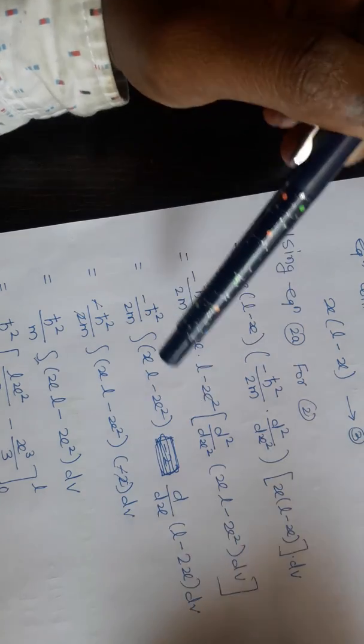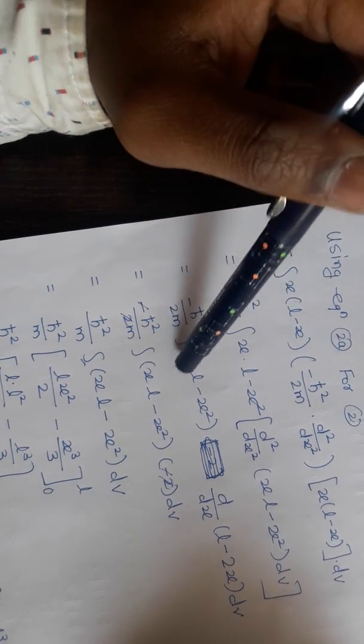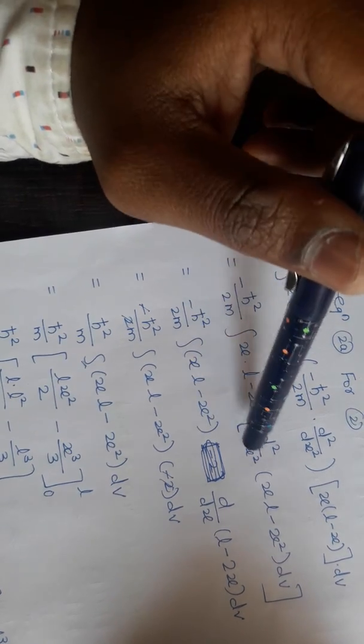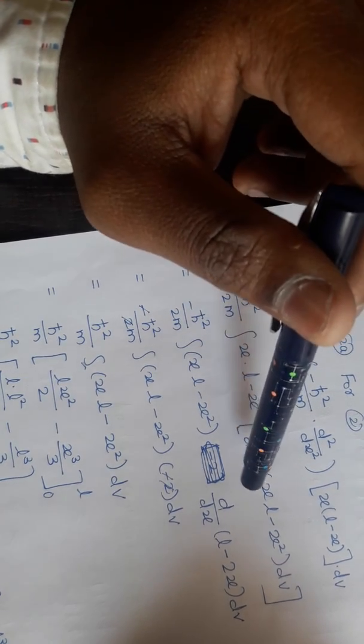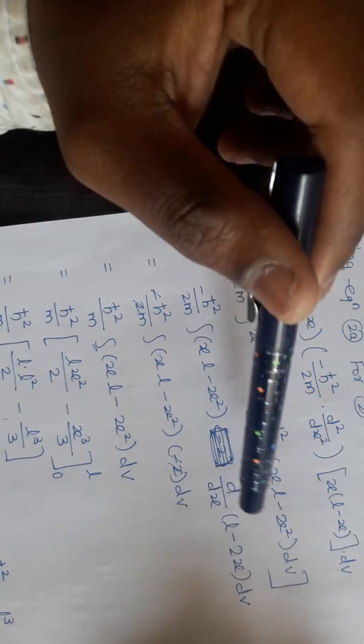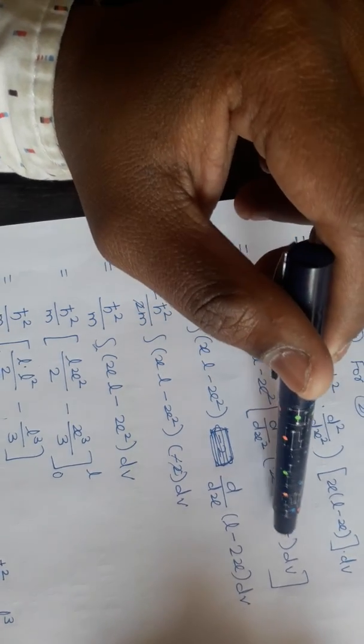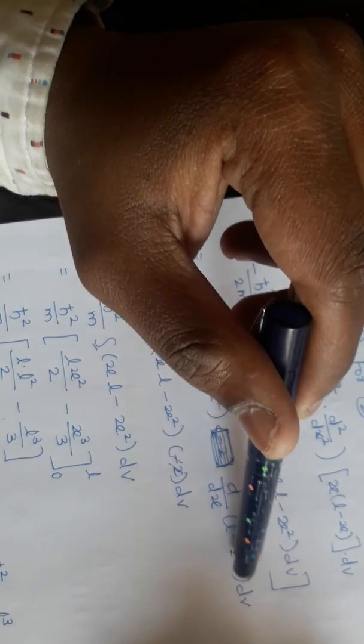Now in the next term, the constant stays as it is, then the integral of xL minus x square. At that time we have to solve the double derivative first. In this term we have d by dx of xL minus x square, and the derivative of x square is twice x, giving L minus twice x, into dv.